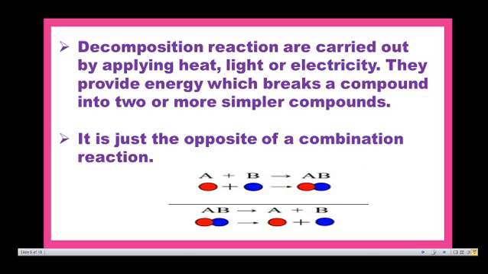A decomposition reaction is just the opposite of a combination reaction, because combination reaction means two or more elements combine and produce a compound. Here in decomposition reaction, a single compound breaks up into two or more simpler substances. So both are opposite to each other.